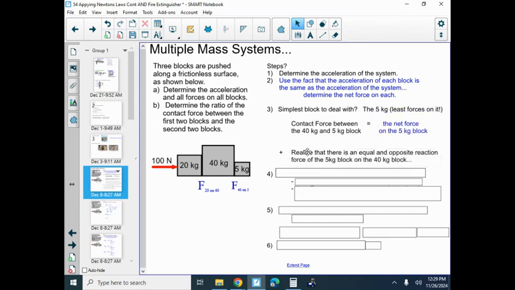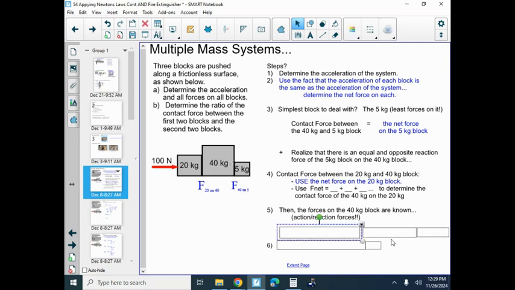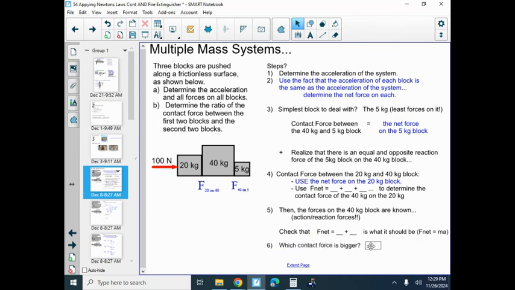But don't forget to point out that Newton's third law reaction force, and then tackle the next block that's easiest to deal with, the 20, get the contact force between those, and so on, right? We're going to use that net force on the 20 to be able to figure out this unknown force. And then finally on the 40, you now have all the forces that are on it. And so you can either add up, see if the net force is what it should be, or you can see if the acceleration is what it should be, and so on.